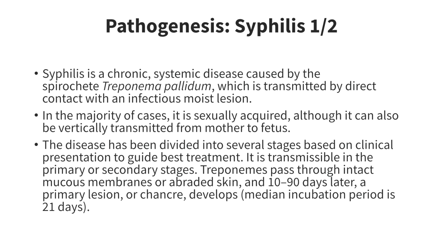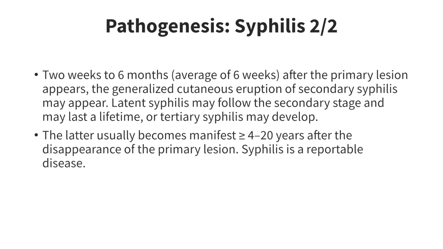Treponemas can pass through any lesions, or even through intact mucous membrane. 10 to 90 days later, the primary lesion or chancre develops, a median of around 21 days. Then it disappears, right? And 2 to 6 weeks after the primary lesion appears, the generalized cutaneous eruption characteristic of secondary syphilis may appear.